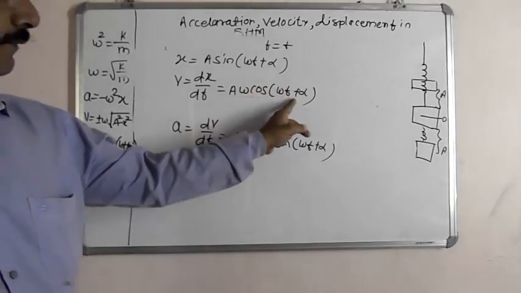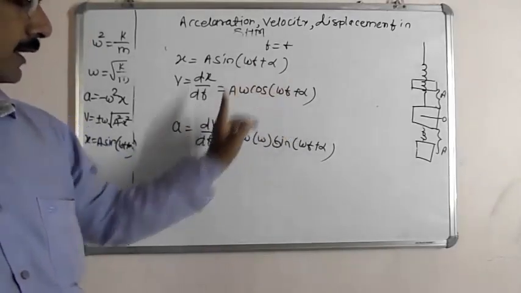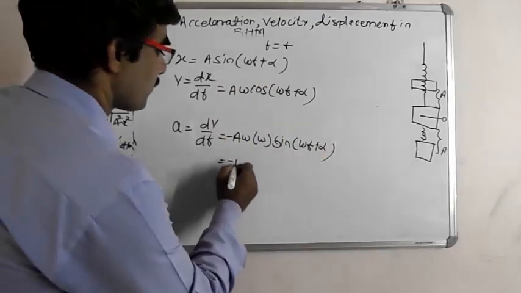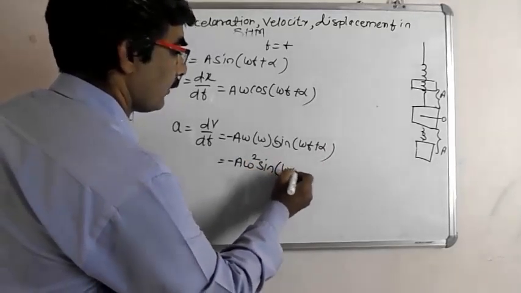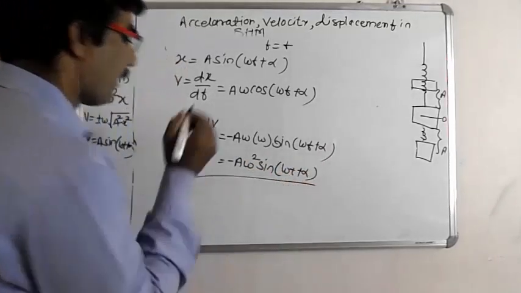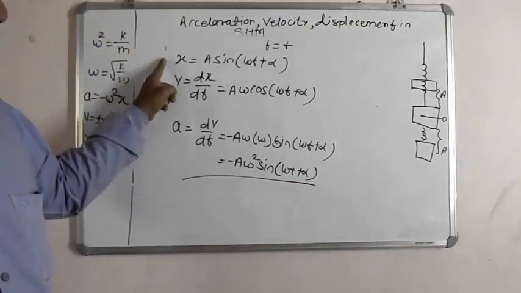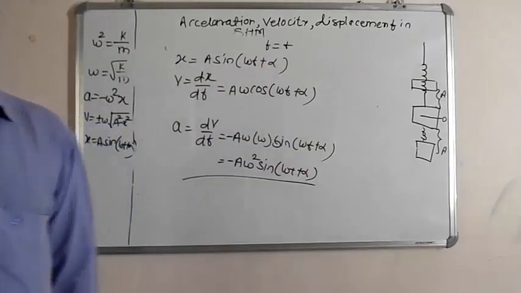And the derivative of cos of this factor is equal to minus sine of omega t plus alpha. That means the equation becomes minus a omega square sine of omega t plus alpha. These are the equations for displacement, velocity and acceleration at any time t.